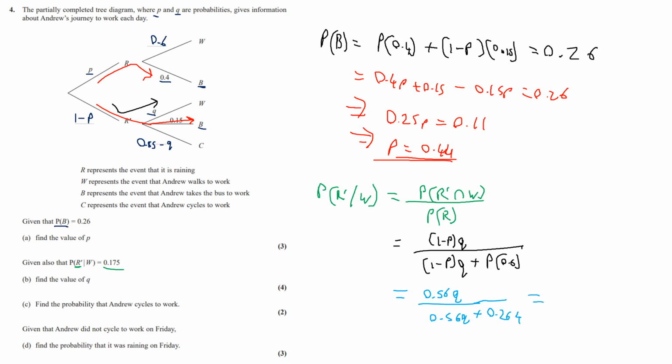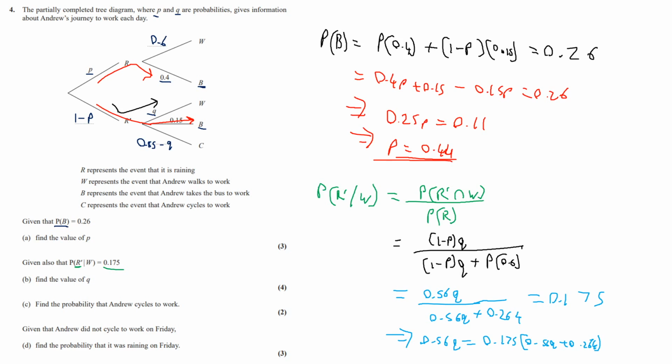And we're told this is all equal to 0.175. And so now we just solve it like an equation. 0.56Q is equal to 0.175 times 0.56Q plus 0.264.